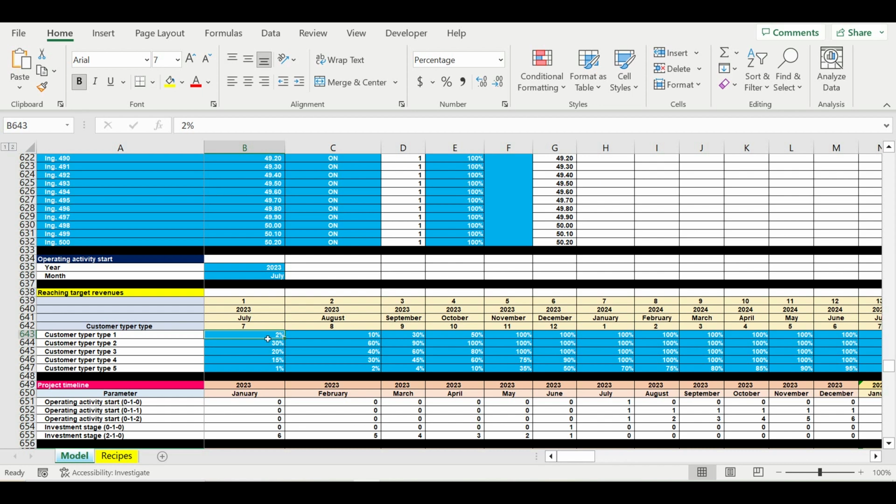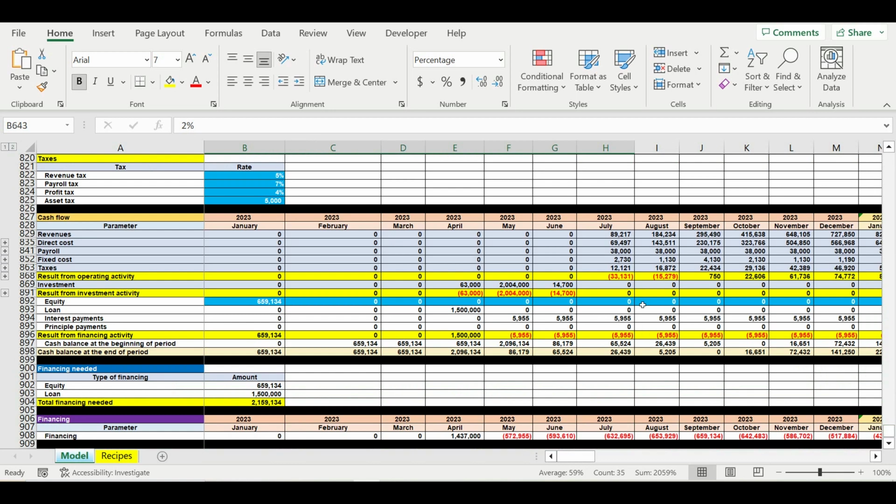And so this block of inputs is very important because of playing with these percentages. Let me show you. These percentages will affect the revenues and direct expenses and may produce these losses, which will affect the amount of financing that we will need, because we will need the financing during the investment stage, and we will need some additional financing during operating activity, because we have losses that we need to finance as well.